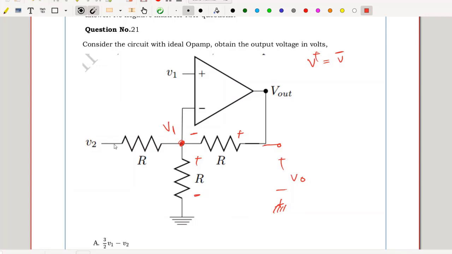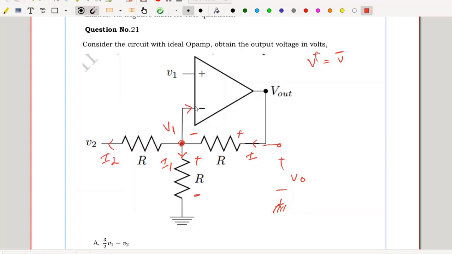The current flowing through this is nothing but, hence I should identify the current flowing through this resistance, let us say I. That current is the sum of the current flowing through this resistance, let me mark it as I1, and the current flowing through this branch, I2.